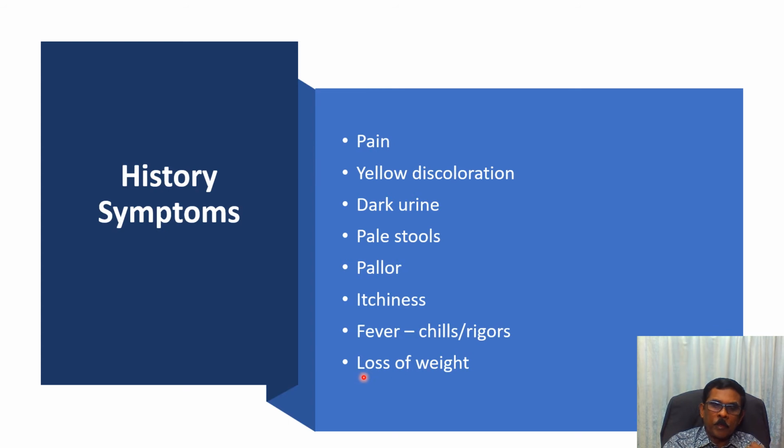It is very important to inquire about weight loss in the patient, because the other common cause of obstructive jaundice apart from stone is tumor. A malignant lesion causing obstruction of the bile ducts usually produces marked loss of weight in the patient.